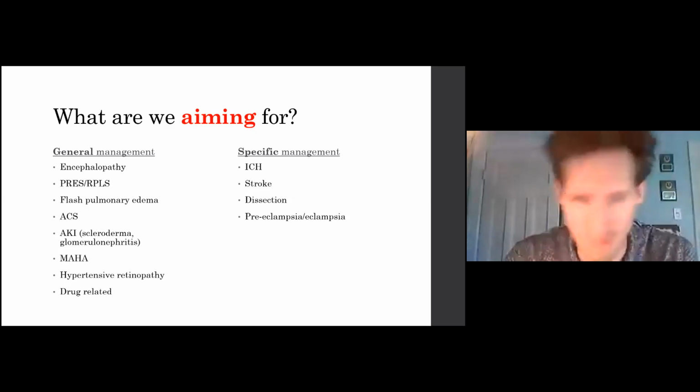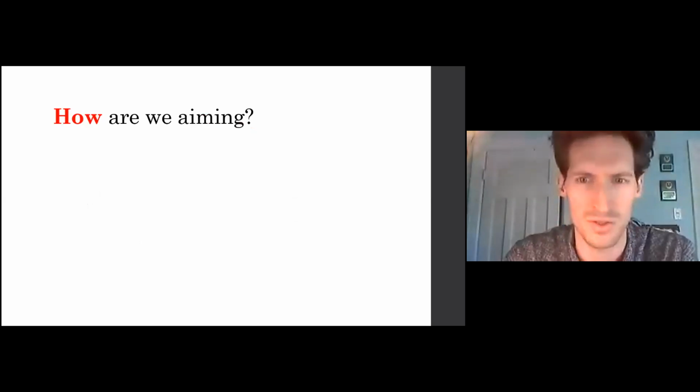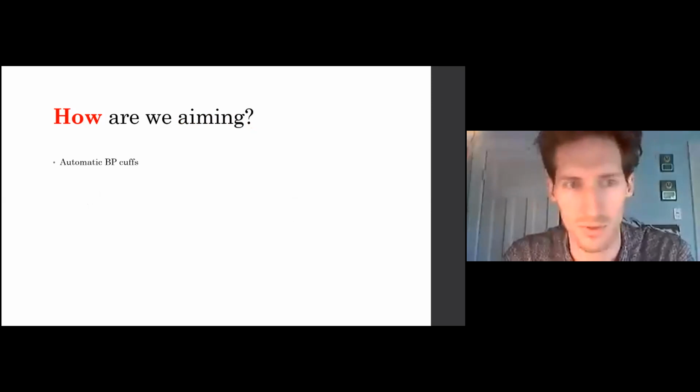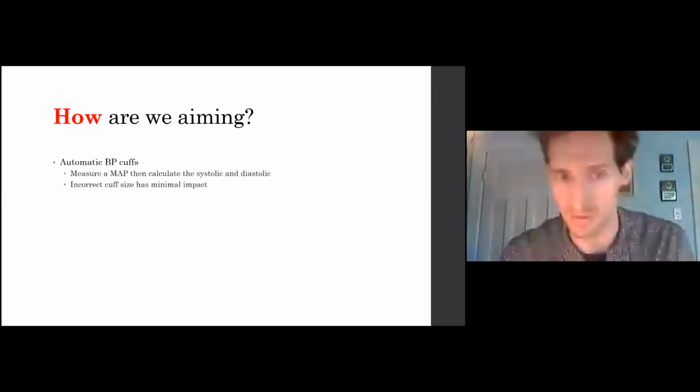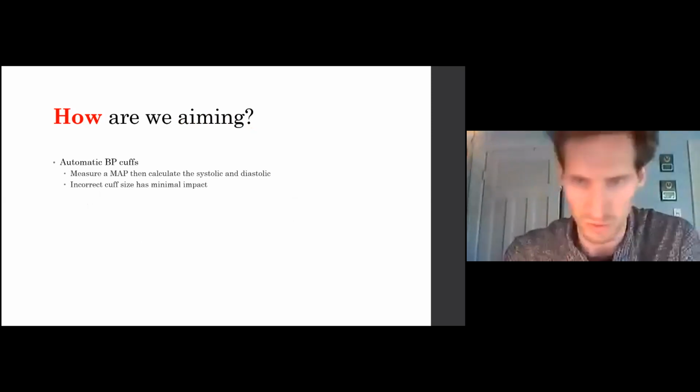So if we're talking about targets, what's allowing us to aim? How are we aiming, right? There's our automatic trusty BP cuffs. How they work is they measure a MAP, and only after that an algorithm calculates the systolic and diastolic. So really the most precise measurement from these BP cuffs is the MAP.